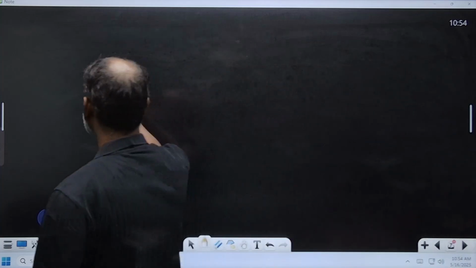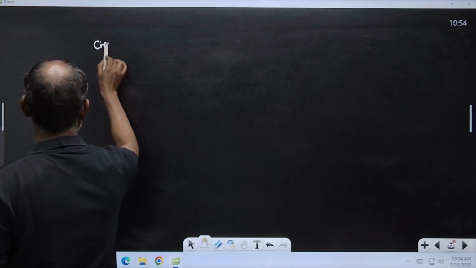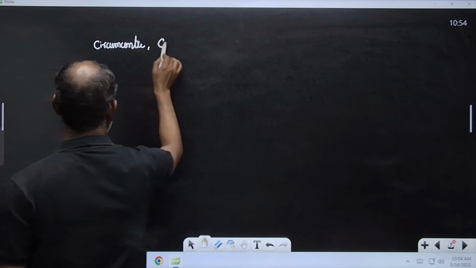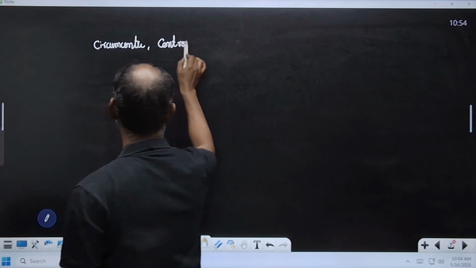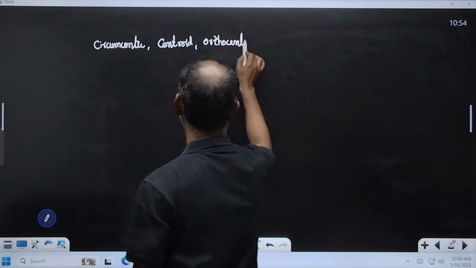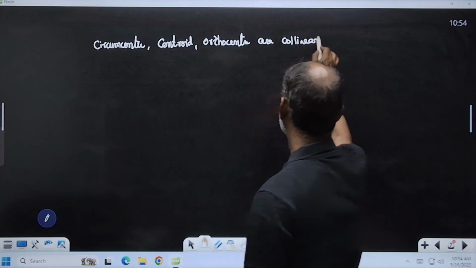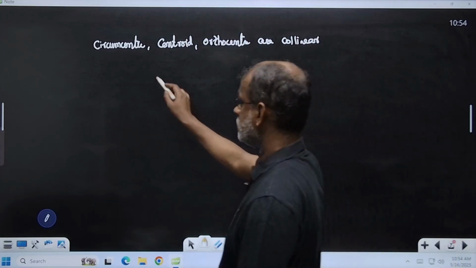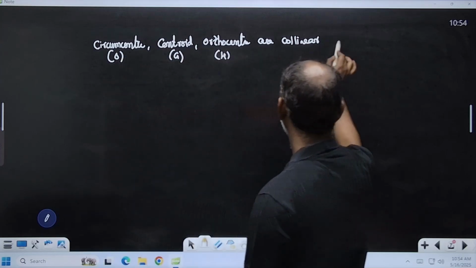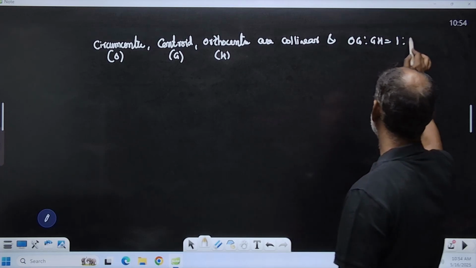See, we have used the result that circumcenter, centroid and orthocenter are collinear, and OG is to GH is 1 is to 2.